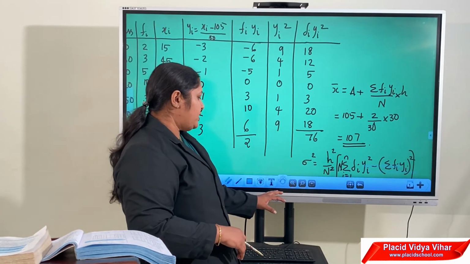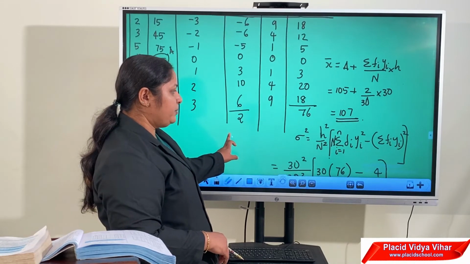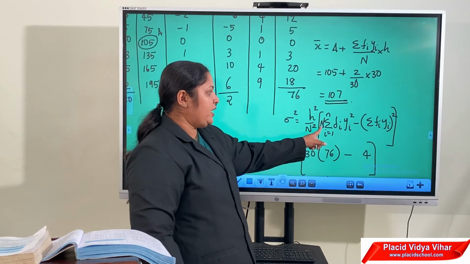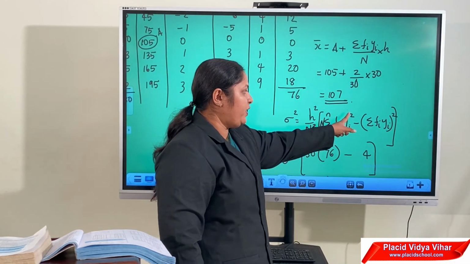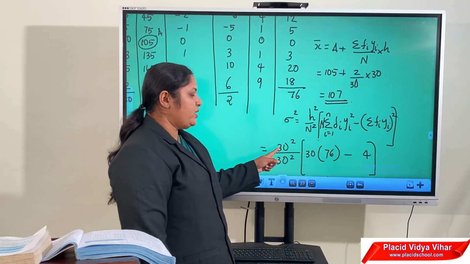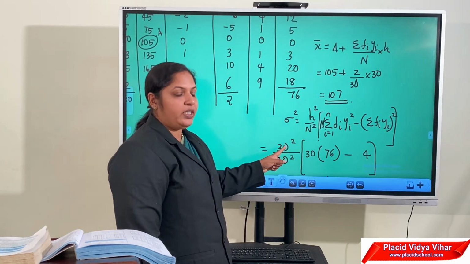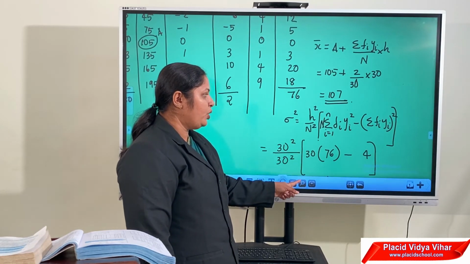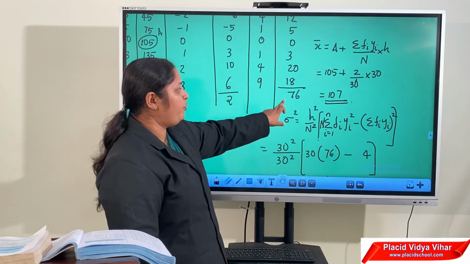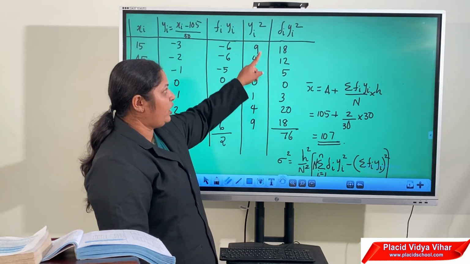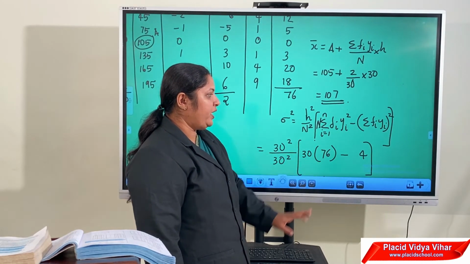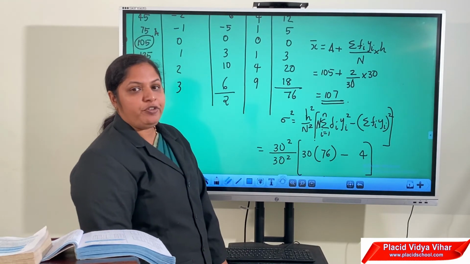Now in order to find the variance, the equation is h square by N square into capital N into the sum of i from 1 to n, Fi yi square, minus sum of Fi yi the whole square. H square is 30 square, capital N is also 30 here, therefore it is again 30 square into N, the sum of Fi yi square is 76.